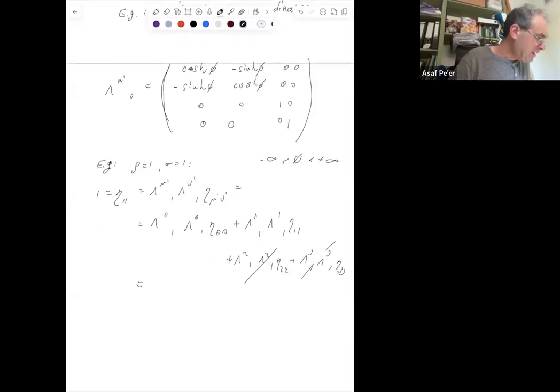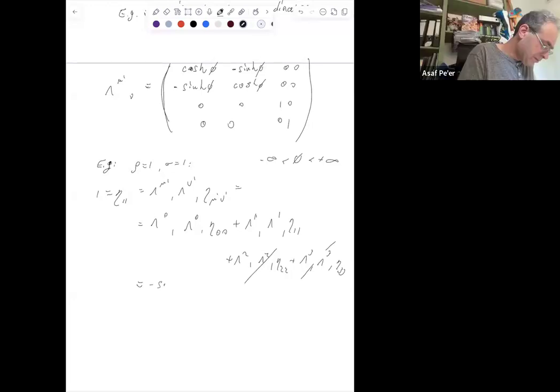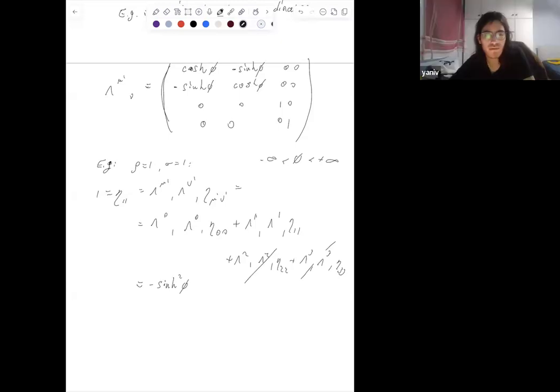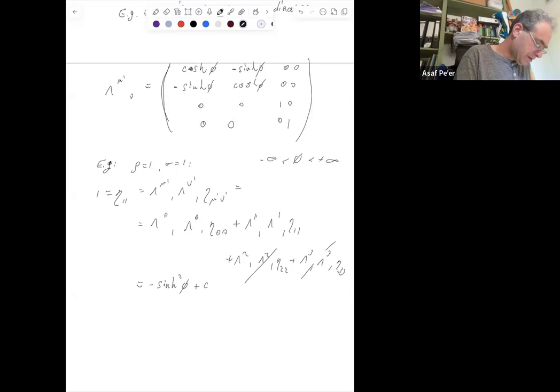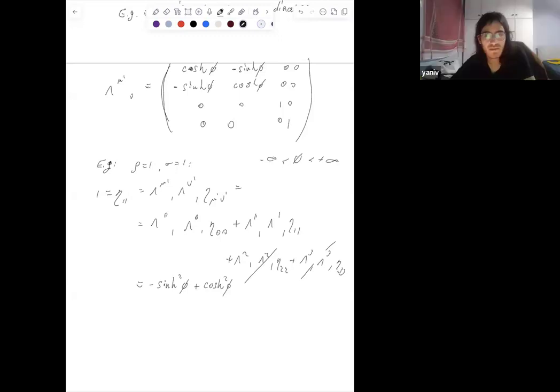So I have, what is eta 0, 0? Minus 1. So we have a minus sine hyperbolicus squared phi. What is eta 1, 1? Plus 1. So we have a plus cosine hyperbolicus squared phi. What is cosine hyperbolicus squared phi minus sine hyperbolicus squared phi? 1, which is what we have here.